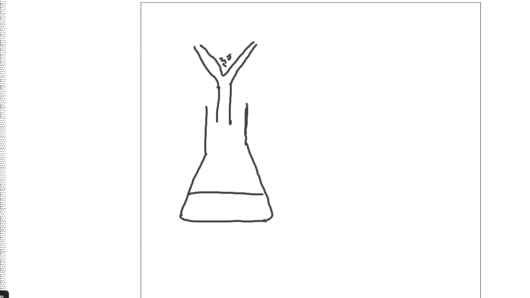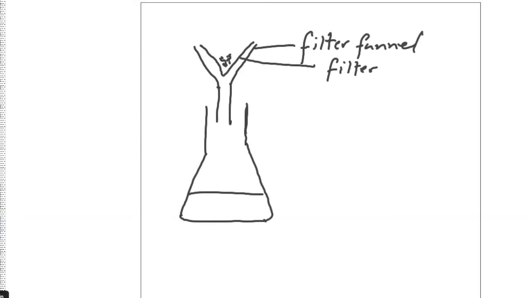This is our residue, which is the curry powder. So first, this is the filter funnel. This is our filter paper. That's the curry powder, which is our residue.